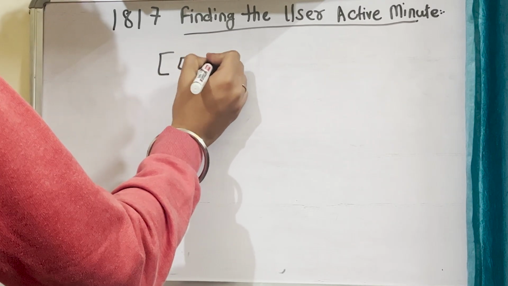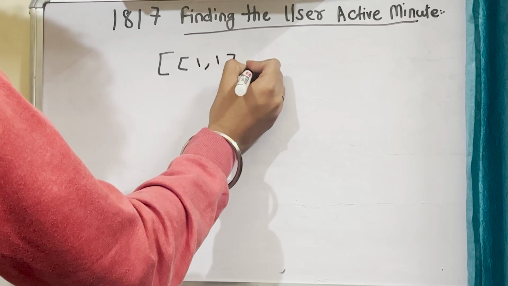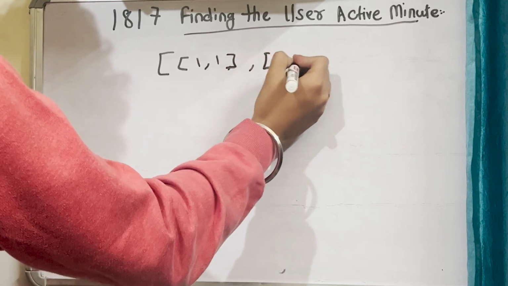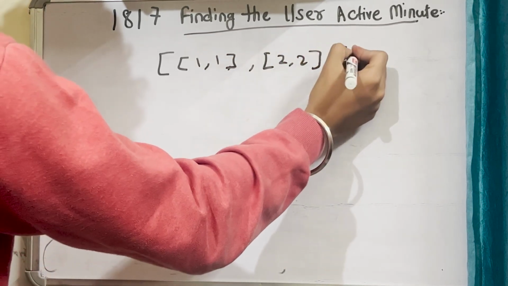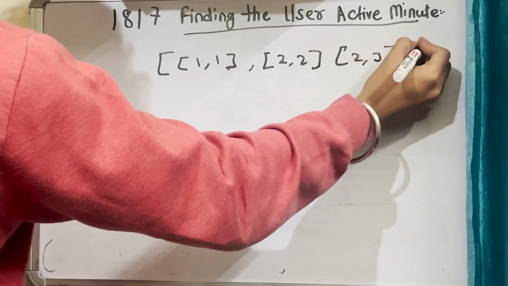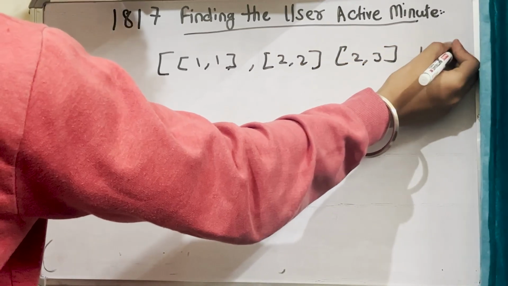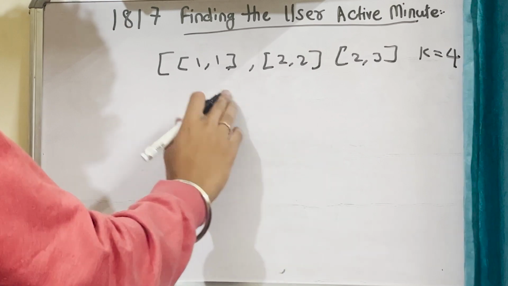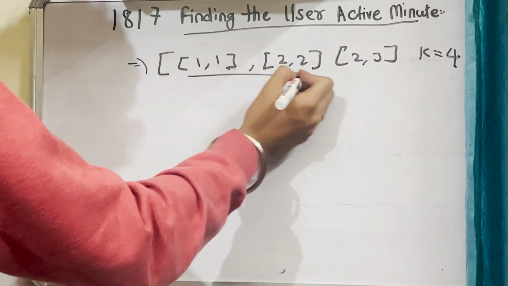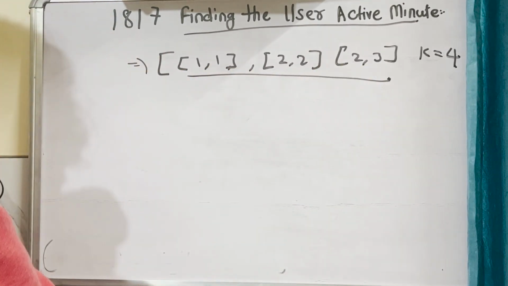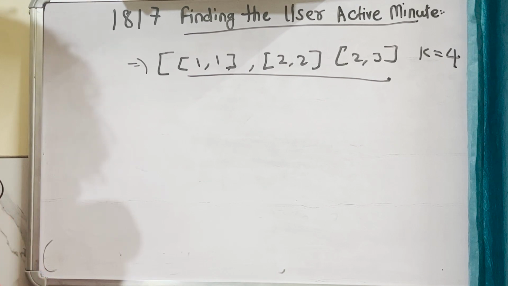For example, this is one log, this is another log, and this is another log, and we are given some integer k, which is 4 in this case. This is the log of the user on any website or any app that they are using.